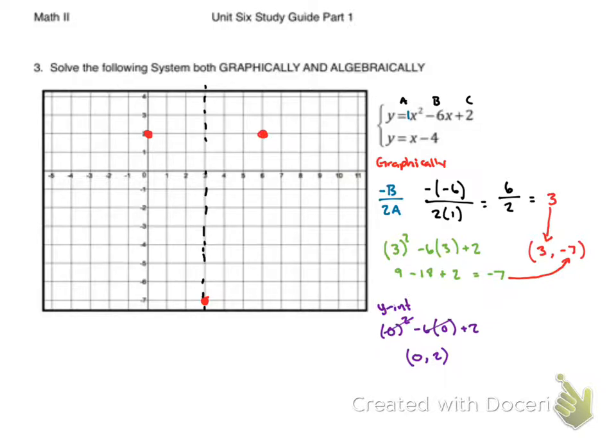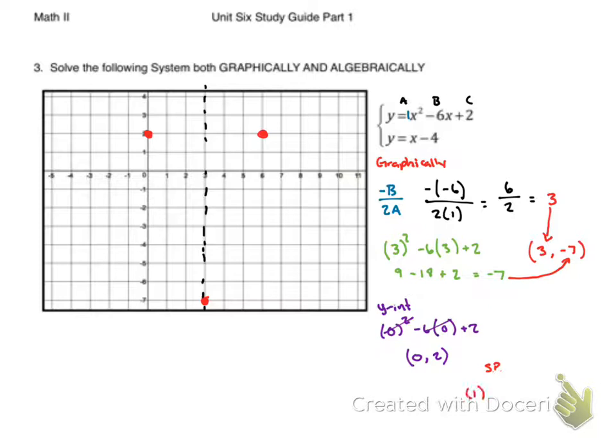And then finally, the last step is to find our strategic point. I'll do it in this little corner here. We can plug in any value that doesn't already have a dot on it, that doesn't have a y value. For now, it looks like 1 is open, so I'm going to plug in 1.